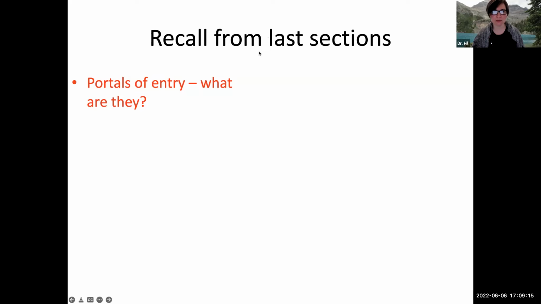If you don't remember anything, put a question mark into the chat. But if you can remember one of the portals of entry, even just go ahead and put it in. Yes, that's right.